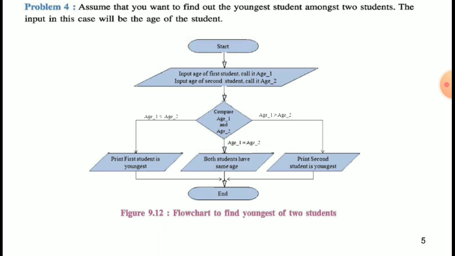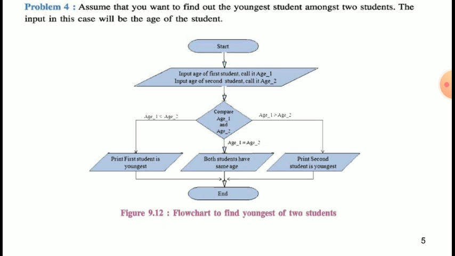Starting, and then input age of the first student, call it age 1, and input age of the second student, call it age 2.